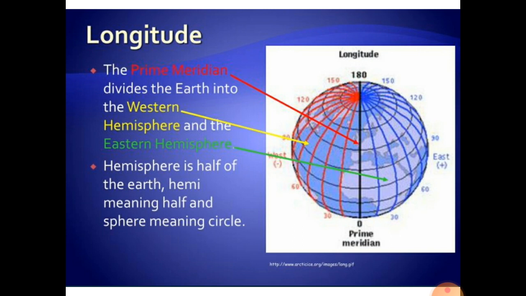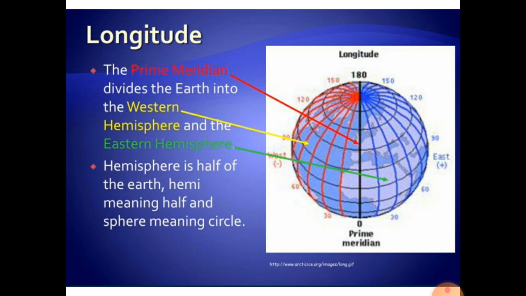Now hemisphere means the half part of the earth. Hemi means half, sphere meaning circle. Now you can see in the diagram, the black line shows you the prime meridian.